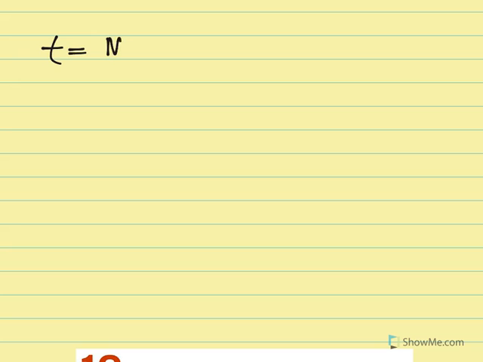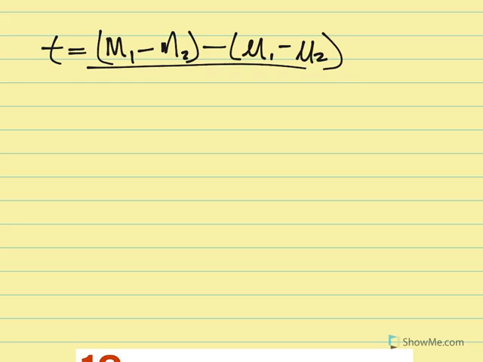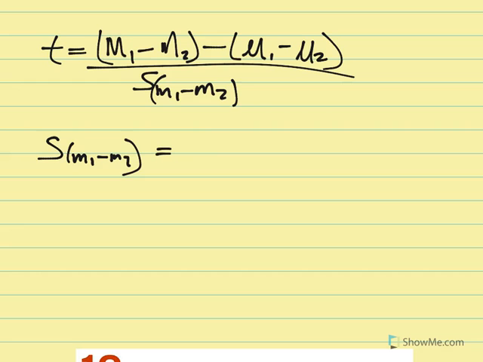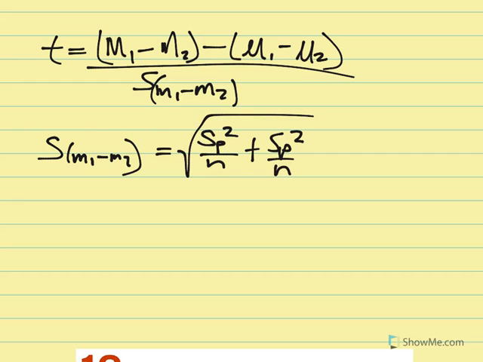So our T is equal to sample 1 mean minus sample 2 mean minus population 1 mean minus population 2 mean, again that always is equal to 0, over the estimated standard error of the mean difference, and we just learned that the estimated standard error of the mean difference is equal to the pooled variance over n, and we take the summation of those two fractions and then take the square root.